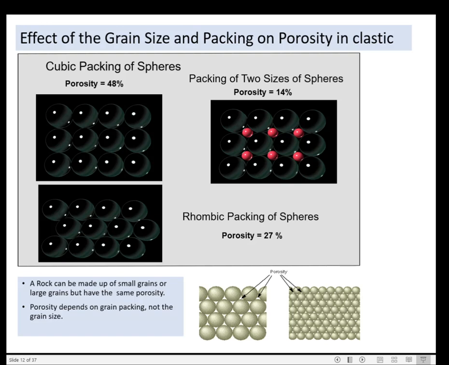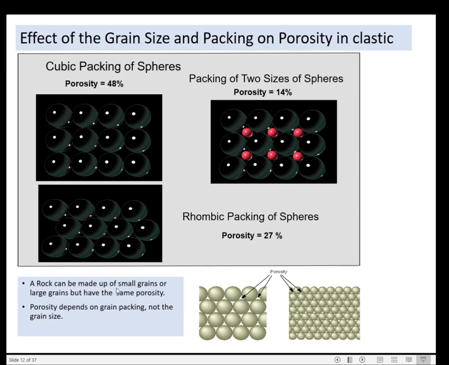So it's also an effect. But something else very important you have to know is the grain size. Even if the grains are big or small, if you have the same packing, you might not have a different porosity. You might have the same porosity.